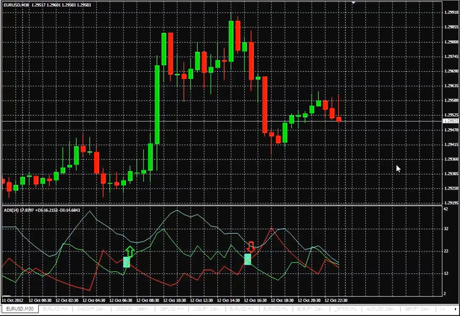What I want to show you is how we can have a simple, clean chart, and how we can use price action and a very valuable tool, the average directional index, ADX, to spot profitable trades as intraday traders.